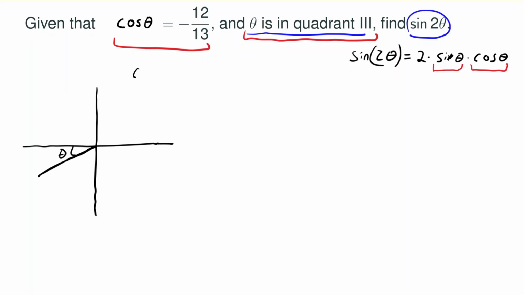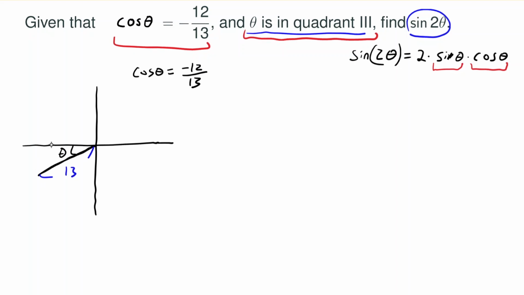And it says cosine theta is negative 12 over 13. So we can write it like this because we usually consider the radius as 13. And we know that the cosine value represents horizontal distance, right here, this distance or this distance is either same. But let's write it here.